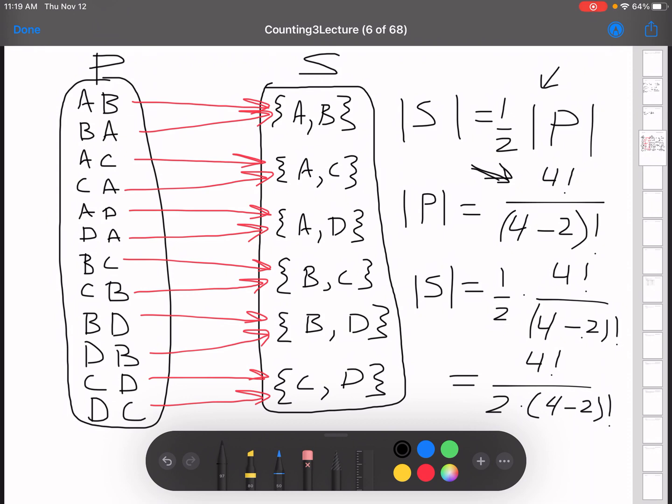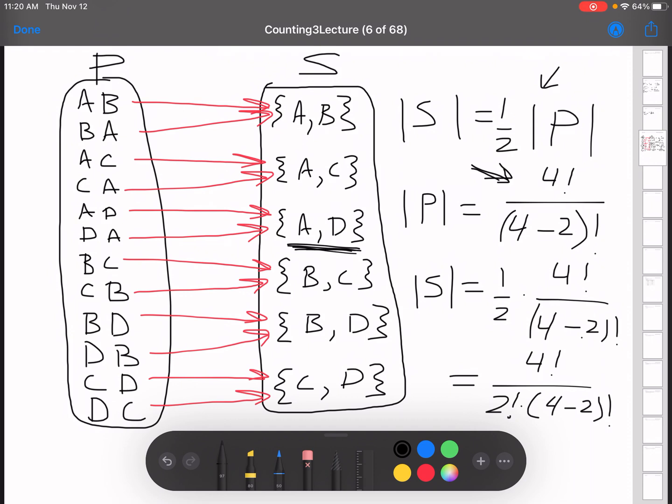Now, this is kind of a silly thing to do. I mean, you can see that 2 factorial is 2 times 1, otherwise known as 2. So you could write this as 2 factorial. But there's a real meaning to why this is 2 factorial. When you look at any one of these things over here in S, let's say AD, and you go backwards and ask what are the things in P that came over to AD, how many different ways can you write out a permutation that gets mapped over to AD?